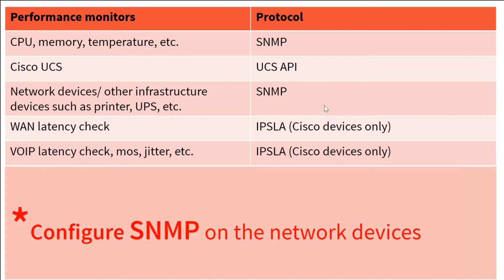And for any network device that you wish to monitor in OpManager, you have to make sure that SNMP is configured on those devices. And as a rule of thumb, any device that is pingable and SNMP enabled can be monitored by OpManager.